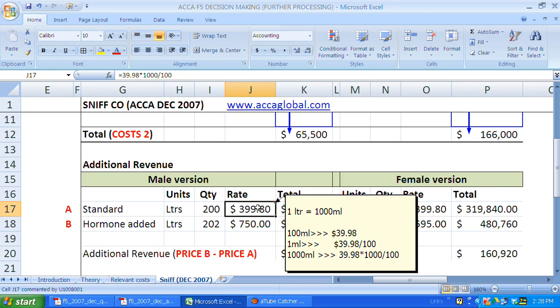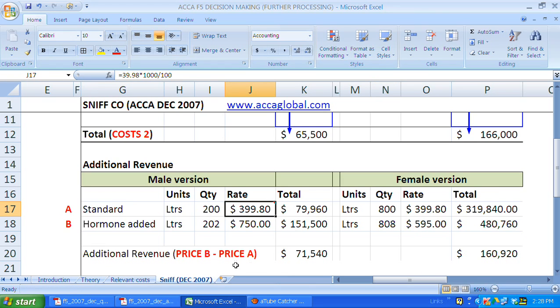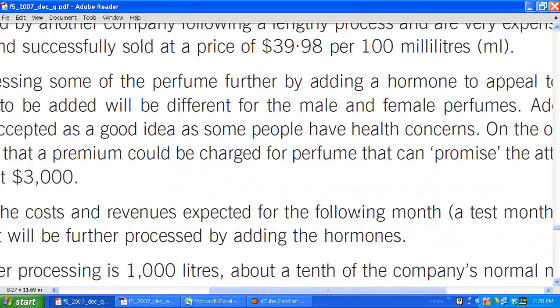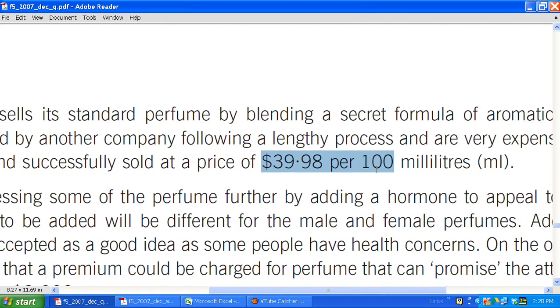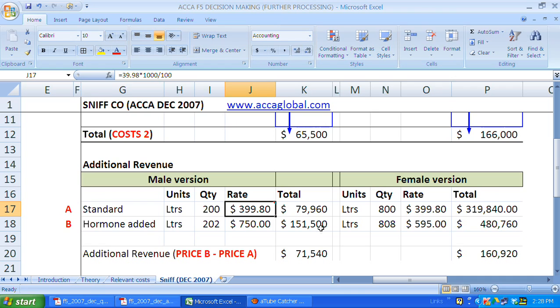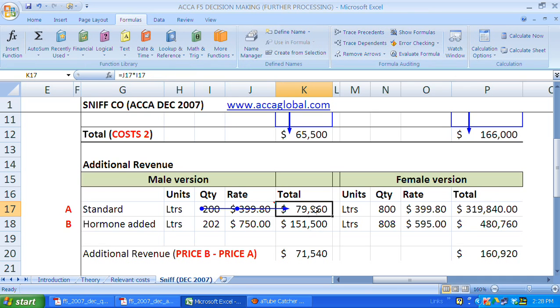And remember, the normal rate is 399.8, as we've already seen. So 39.98 for 100, that means for 1,000 it is 399.8. Remember, 1,000 milliliters is equal to 1 liter. So when you multiply that, you get that.